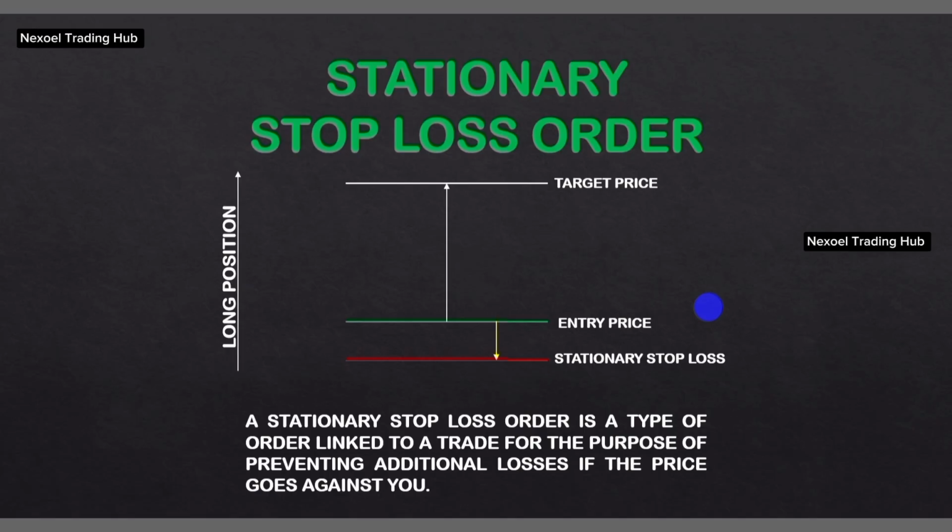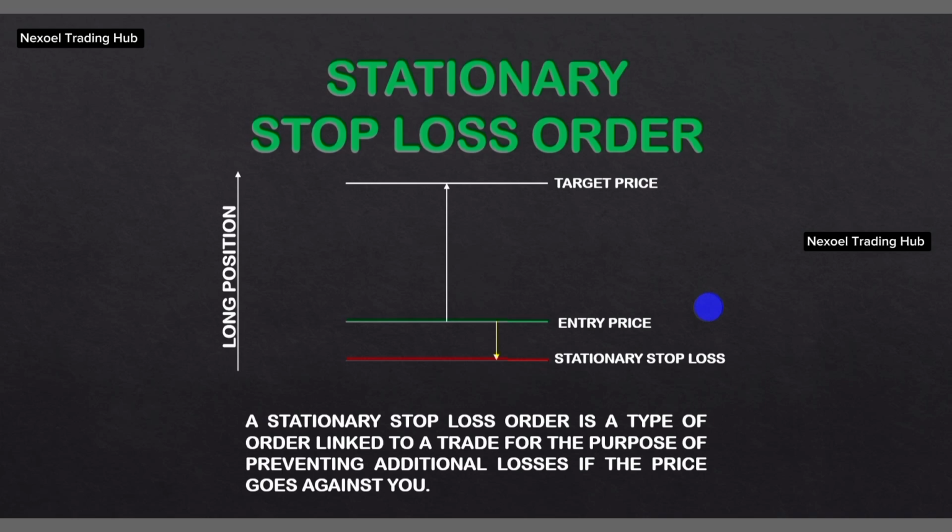So it is actually a stationary stop loss order where you execute your trade and then you place a certain price level where you anticipate that if price should breach that place, then the market should actually take you out of the market. So basically, the stationary stop loss order is a type of order linked to a trade for the purpose of preventing additional losses if the price goes against you.